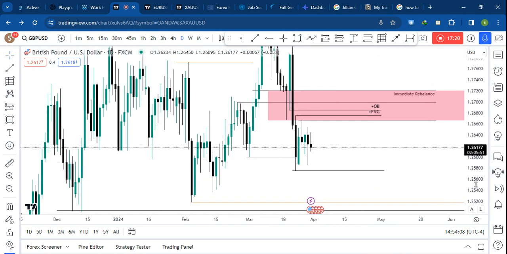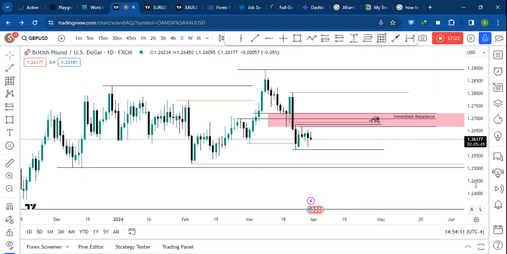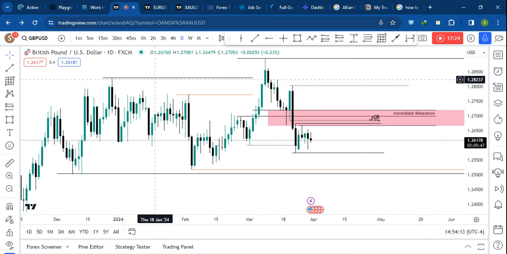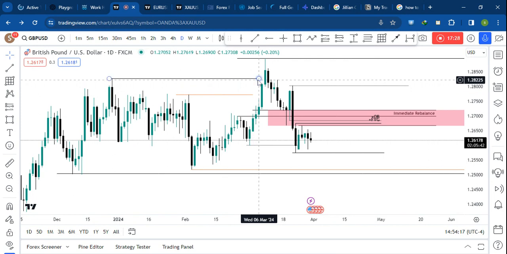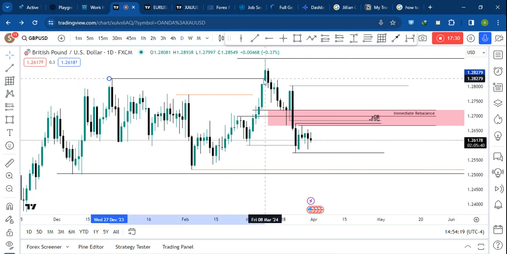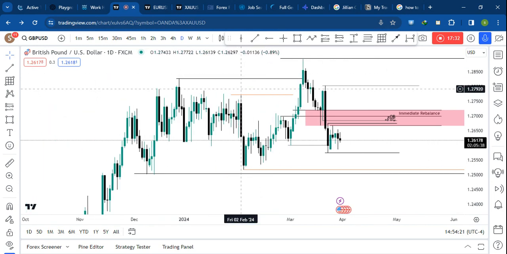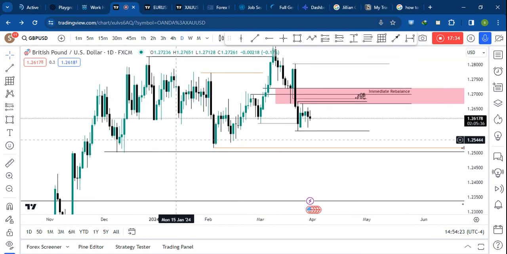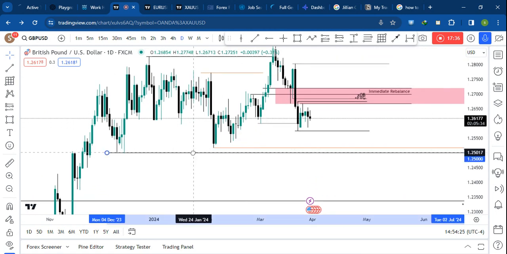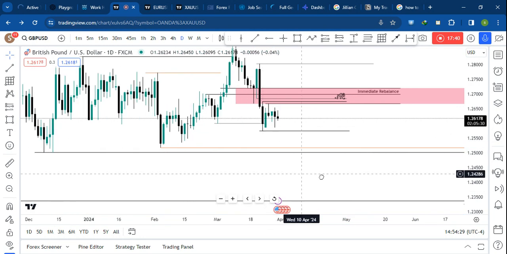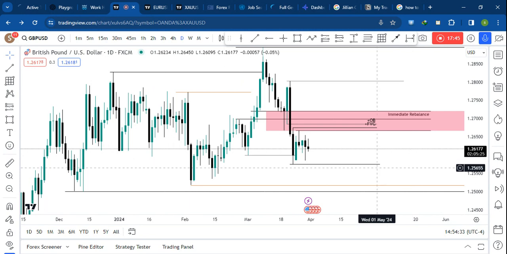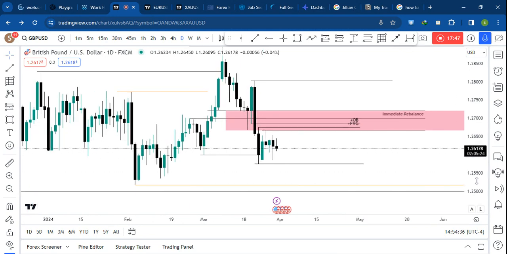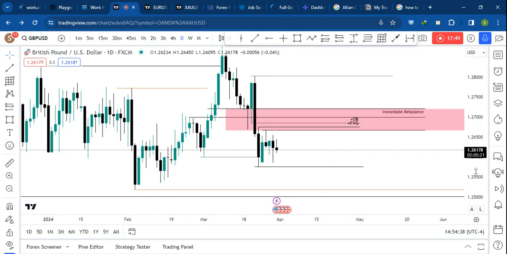So for now, my bias on GU is that it is a bearish market when connecting on a monthly perspective, but on a weekly perspective it is an upward market, an uptrend market, but it is going to reprice the imbalance that has been left.